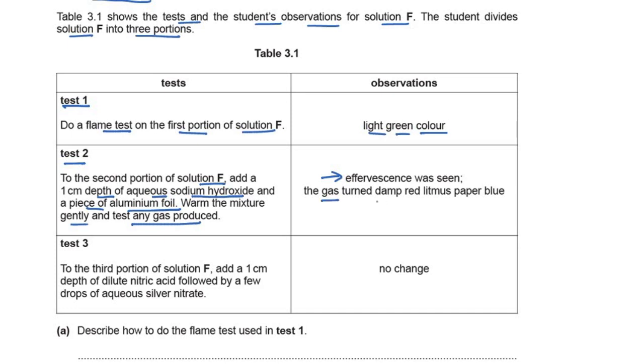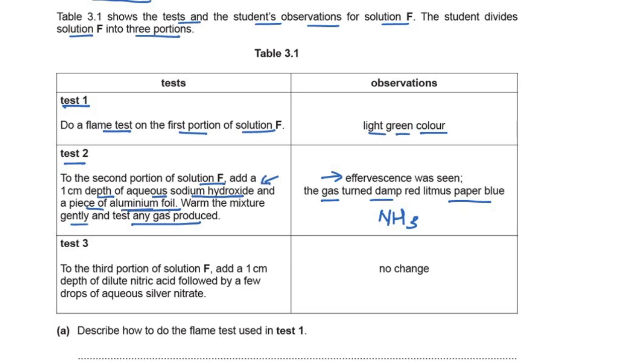Effervescence seen and the gas turned damp red litmus paper blue. So here if the damp red litmus paper is turning blue, then the gas produced is ammonia, but then this ammonia is produced only by heating the solution F with NaOH and aluminium foil.